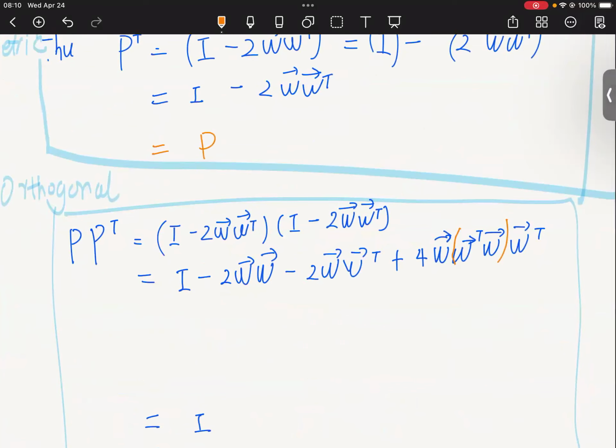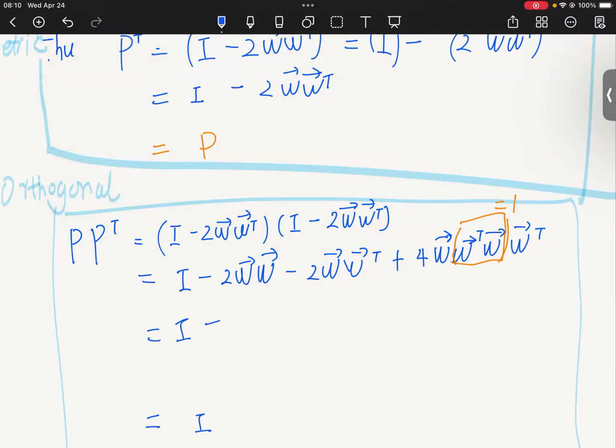And this equals the scalar 1. This one equals the scalar 1. This one equals a scalar 1, which means that at the end, for that item, oh, there's one missing, W transpose, and then minus W transpose.